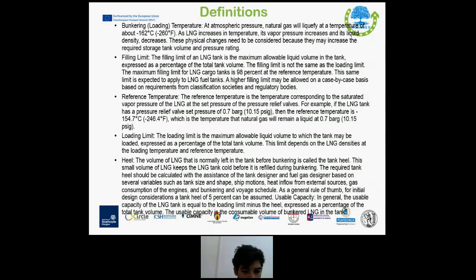As a general rule of thumb, for initial design considerations, a tank heel of 5% can be assumed. Usable capacity. In general, the usable capacity of the LNG tank is equal to the loading limit minus the heel, expressed as a percentage of the tank volume. The usable capacity is the consumable volume of bunkered LNG in the tank.